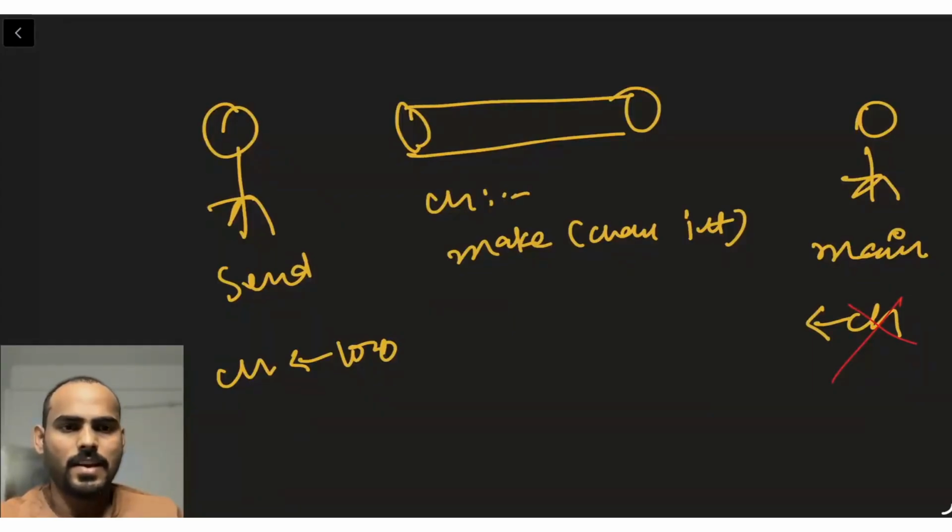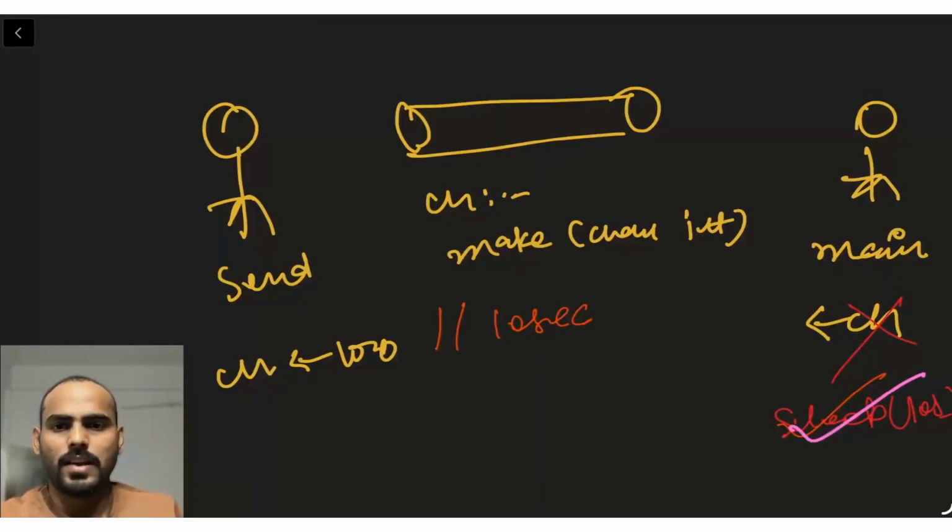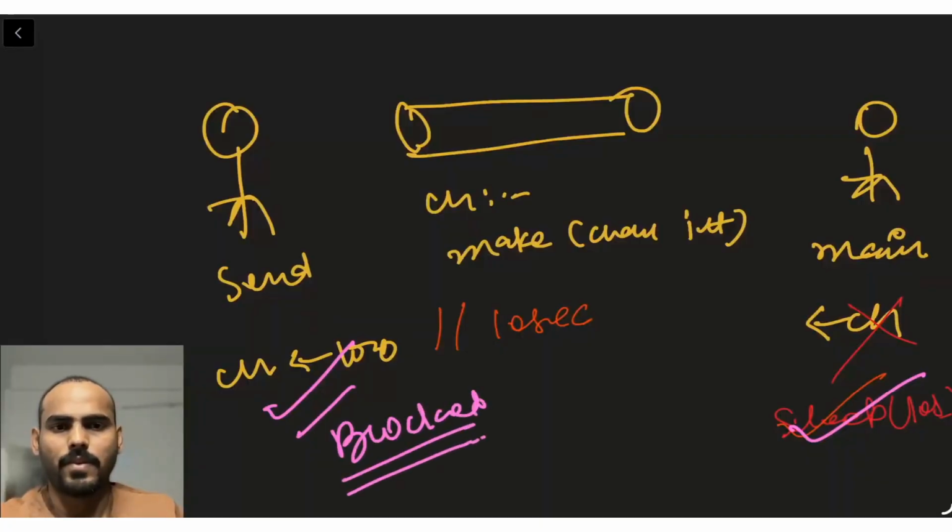And as here we had a sleep of 10 seconds, what happened? This send goroutine was blocked here for 10 seconds, and when this main goroutine completed its execution, the send method also completed its execution, but for the entire 10 seconds it was blocked here, right? So I think these unbuffered channels will make much more sense with these examples.